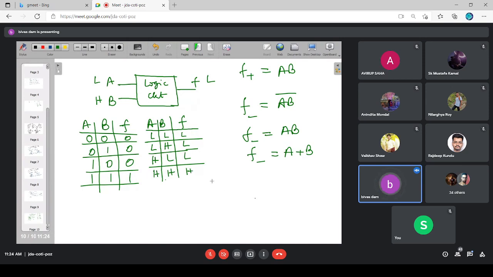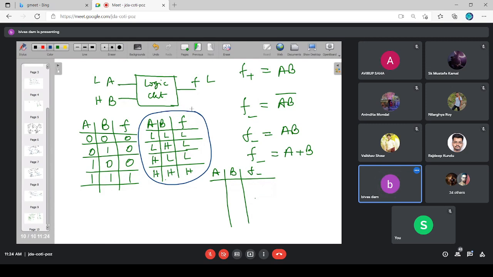Now let me go for the negative logic concept. Now this will not change. This should remain as it is. But how you are treating the lower voltage level in the logic domain is now different. Now the lower voltage level is no longer 0.